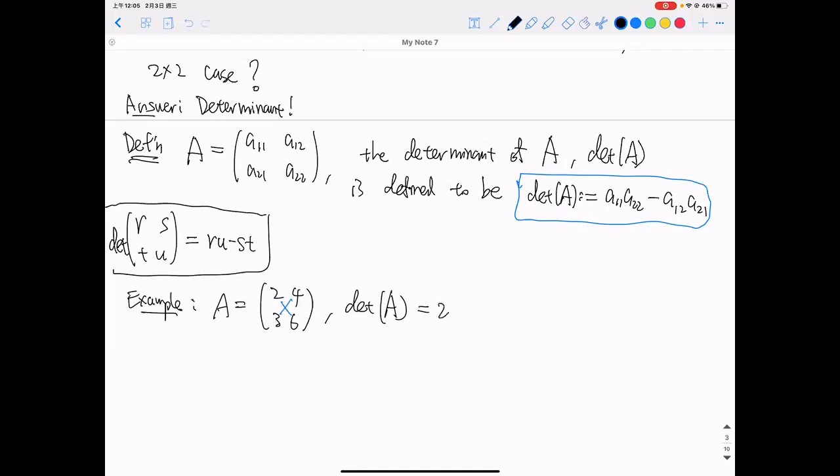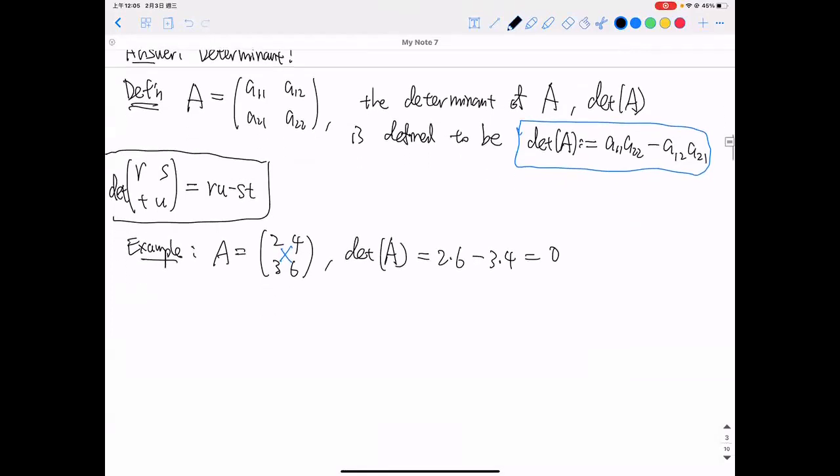So 2 times 6 minus 3 times 4, which is 0. Okay. So far we haven't done anything new. We just gave a name to some quantity that we used in the 2x2 case.